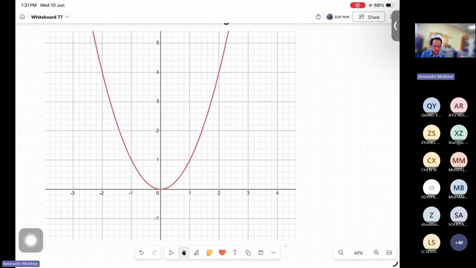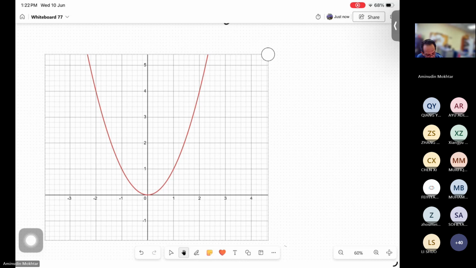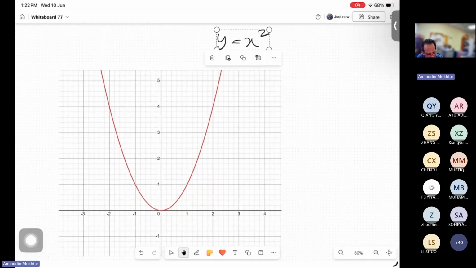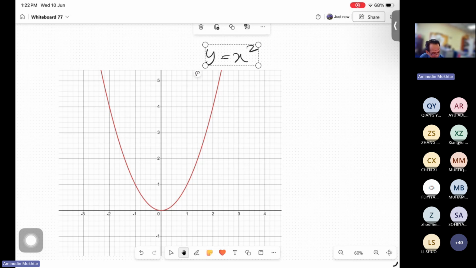The question asks you to find the slope of the tangent line at the point. Again, this graph is y equal to x squared, and we need to find the slope of the tangent line at the point (1, 1). This point is one of the coordinate points.